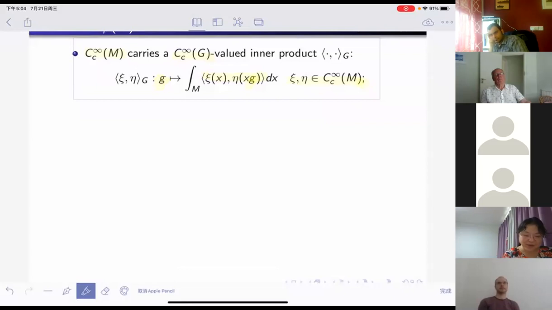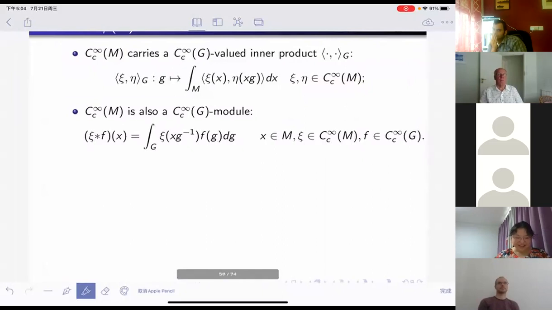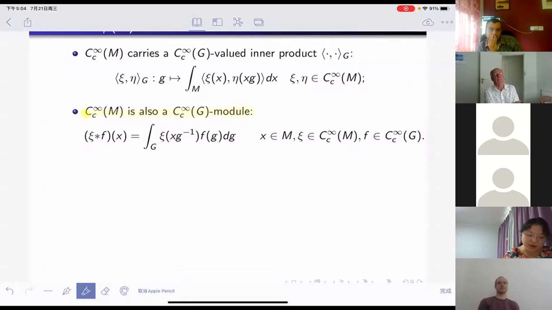As the group element changes, one gets a function on G, and this function is the so-called G-valued inner product. One can also regard this C-infinity function space as a C_c(G) module under this convolution-like product.